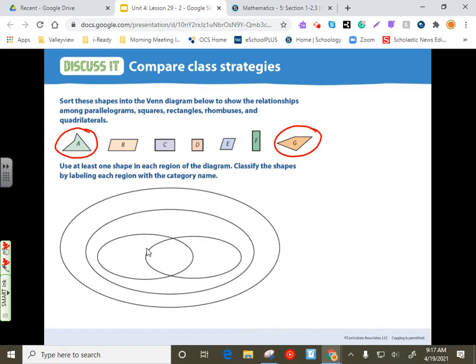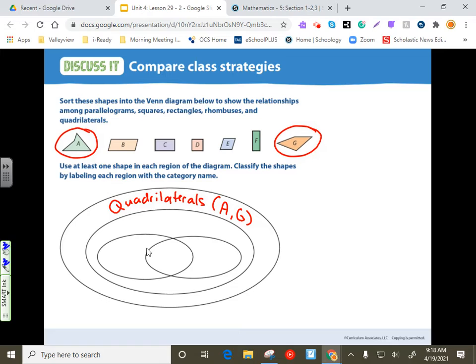I do notice that every single shape up here has at least four sides. So our most general group is quadrilaterals. And we're going to do A and G. So these two are done.